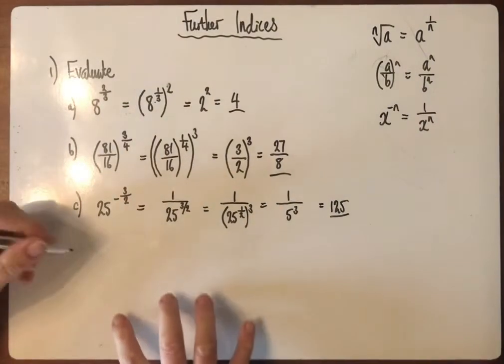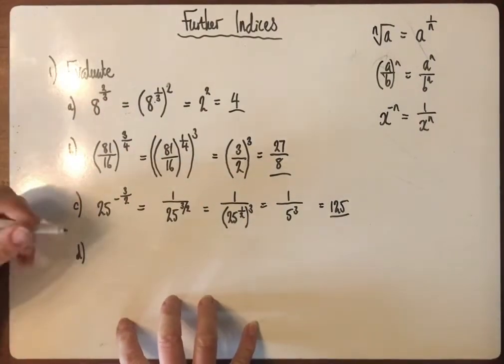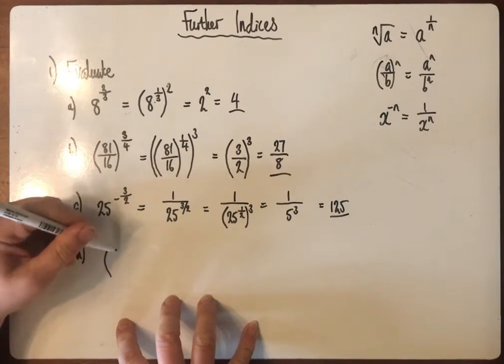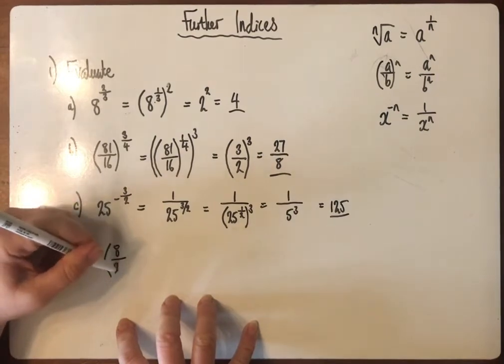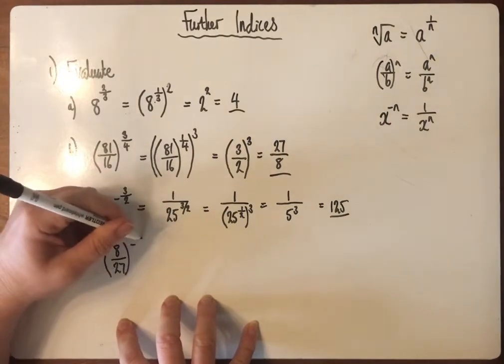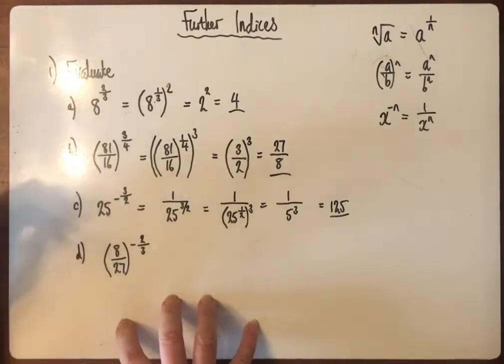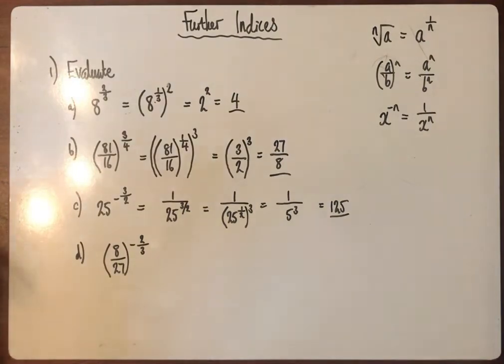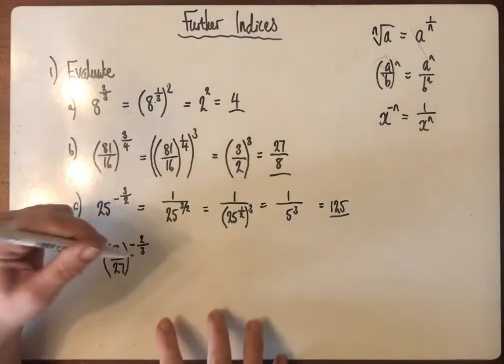And then the fourth one, we've got 8 over 27 to the power of minus 2/3. So we've got a negative fraction and a fraction, which is as hard as they're going to go.